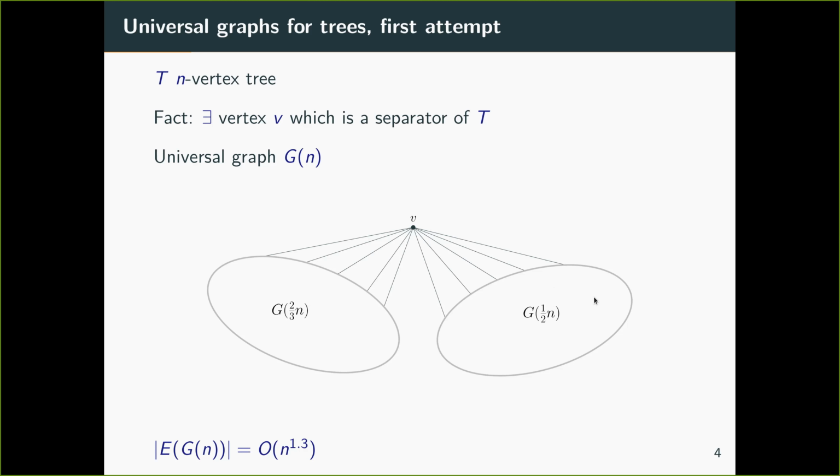And then we could actually observe that, well, one of the two sides will have at most half of the vertices, right? So on one side, you can put at most n/2, right? So you can put the construction for 2/3 n on one side and the construction for n/2 on the other side. And that would be a definition of a universal graph. So hopefully you're convinced that this is a valid construction of a universal graph. If not, feel free to interrupt me at any time during the talk, of course.